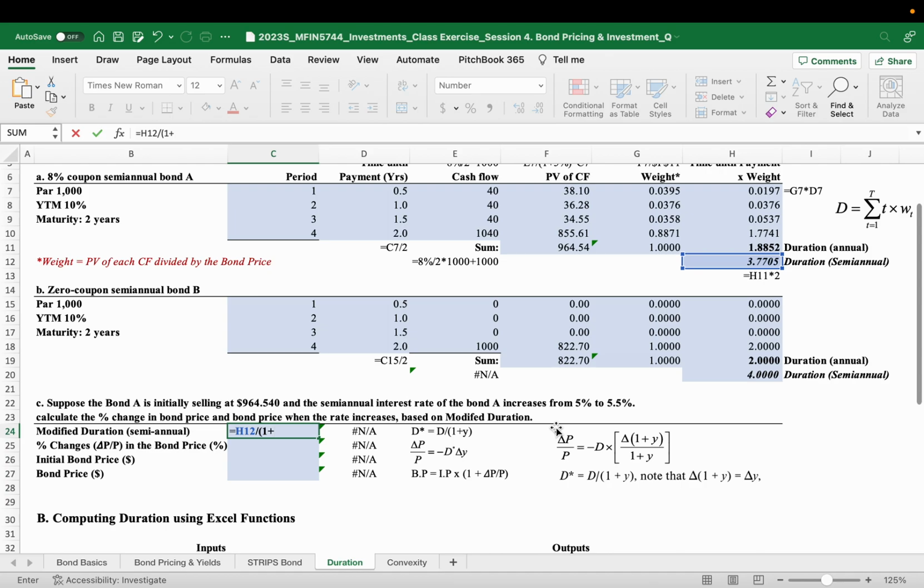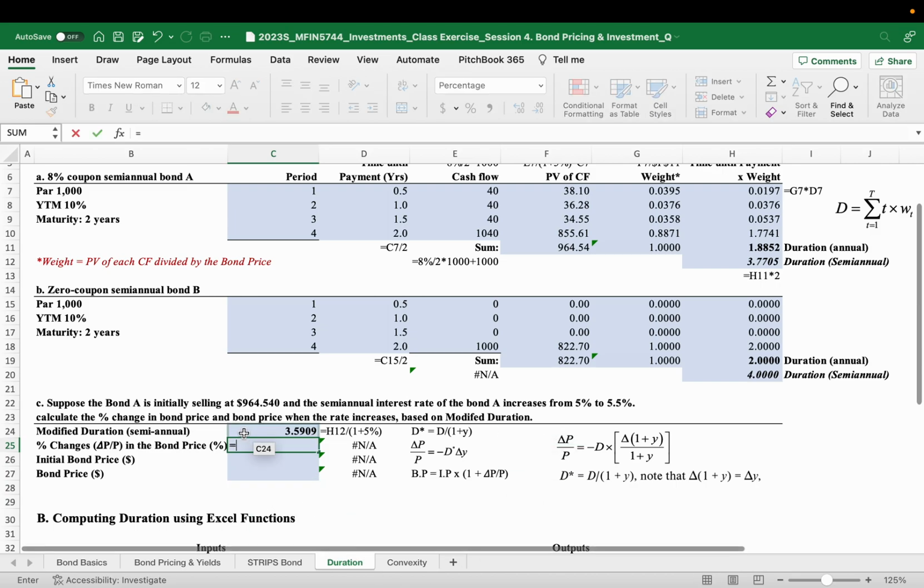So here, once we got this duration, now divide by 1 plus the initial interest rate, right? 5%. Then the price changes, the percentage change in the bond price. Now we can simply put this modified duration times how much percentage change, right?